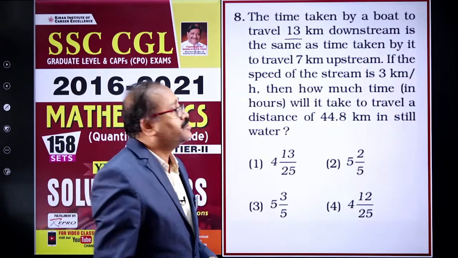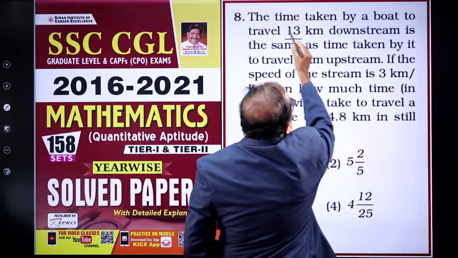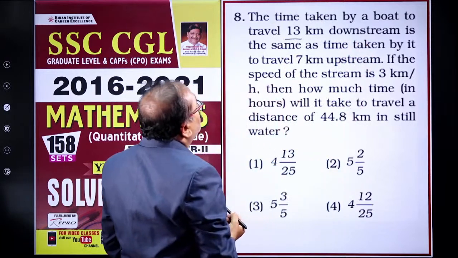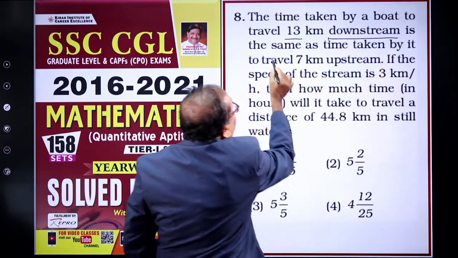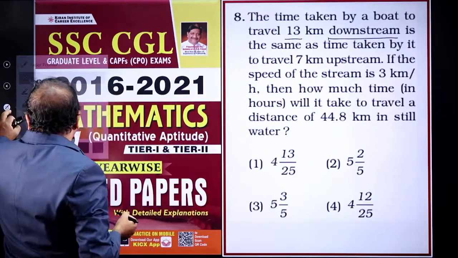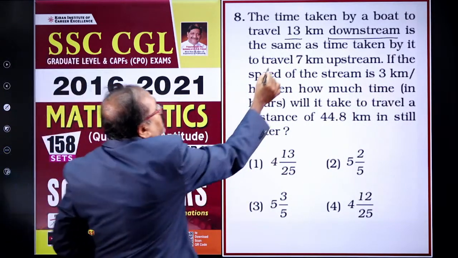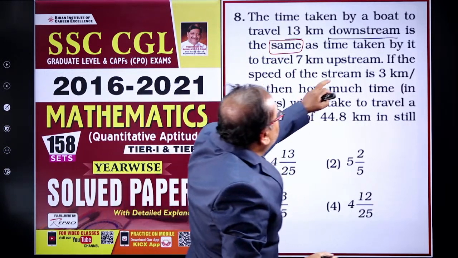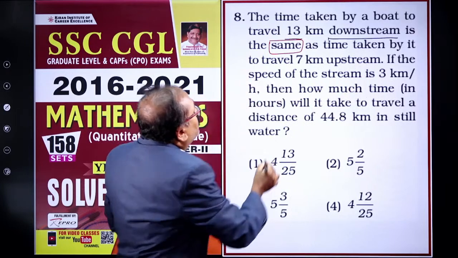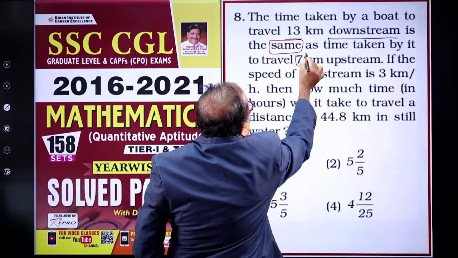We will learn the shortcut. Now here, the time taken by a boat to travel 13 kilometers downstream is the same. Notice this word, same. This will play a very great role. Same as the time taken by it to travel 7 kilometers upstream.